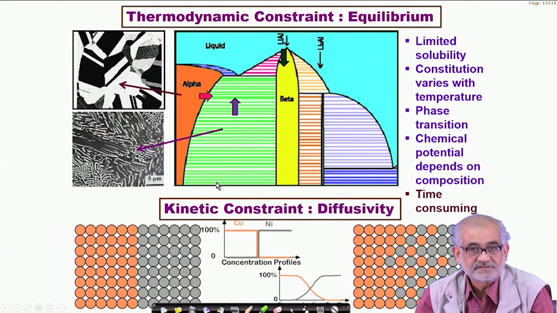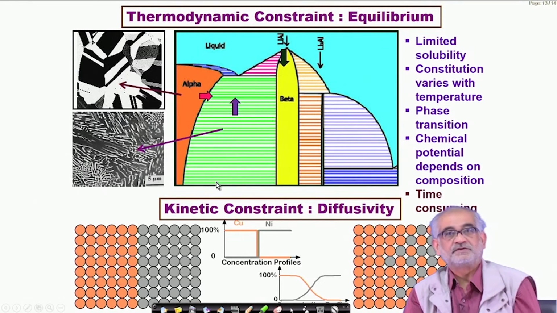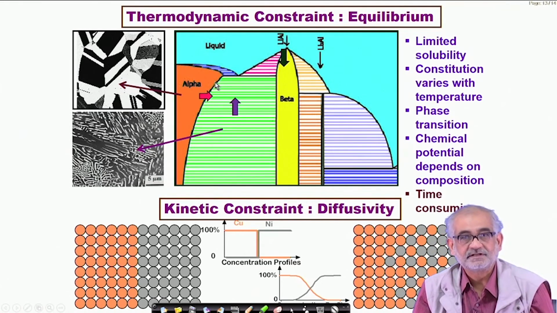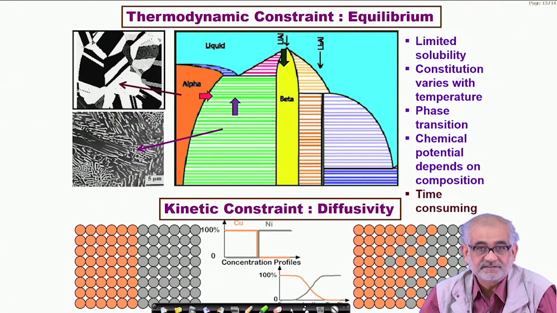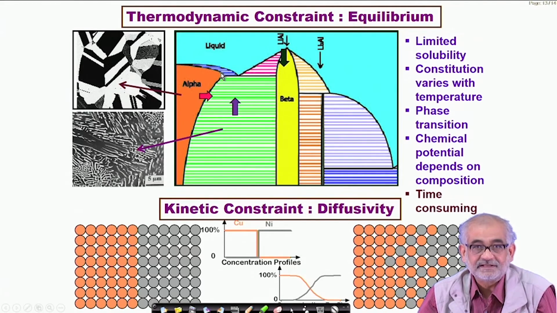And this diagram tells us, for example, that if we want to dissolve B in A, the two components, we just call them A and B here. So, this is the maximum amount of B that you can expect in solid state in A. So, this is the thermodynamic limit of dissolution of B in A, and this is an important information because if you want, for whatever reasons, more amount of B in A, then thermodynamics come in the way.